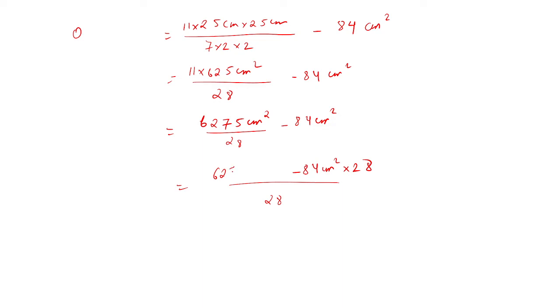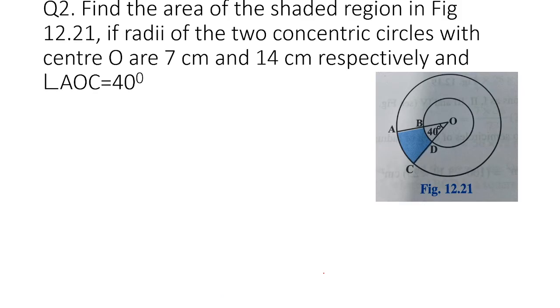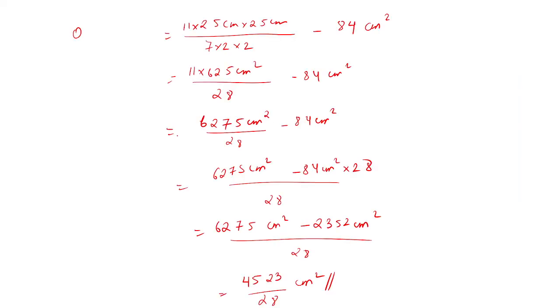So 625 centimeter square minus 84 into 28, which is 2,352 centimeter square, divided by 28. So that is going to be equal to 4,523 by 28 centimeter square. So this is your answer. Okay. Next question. I hope you have noted it down. You just pause the video and watch it.